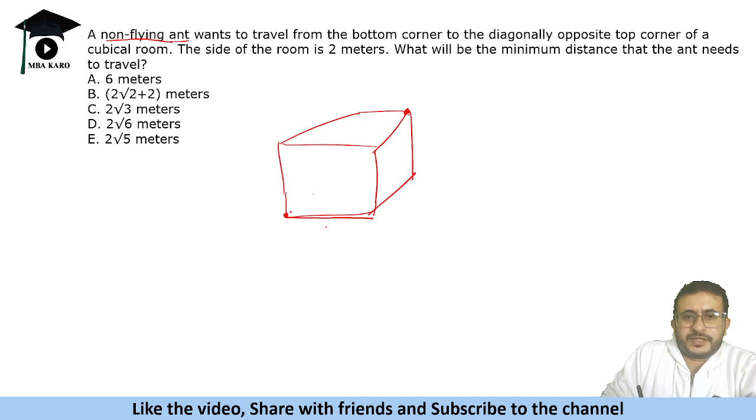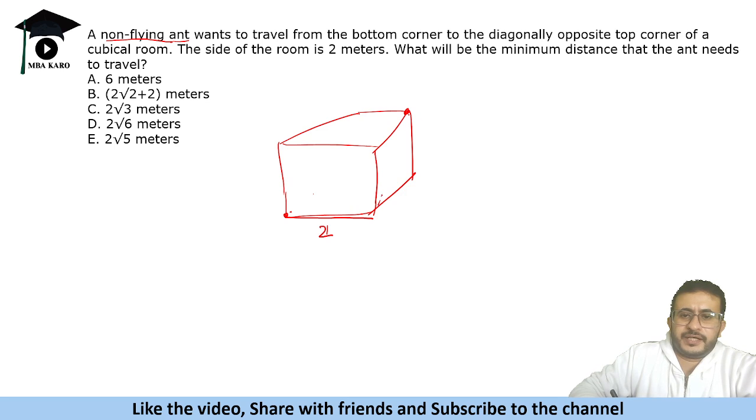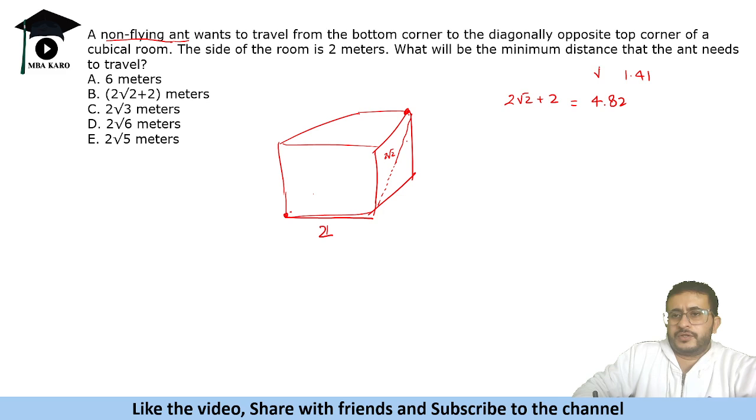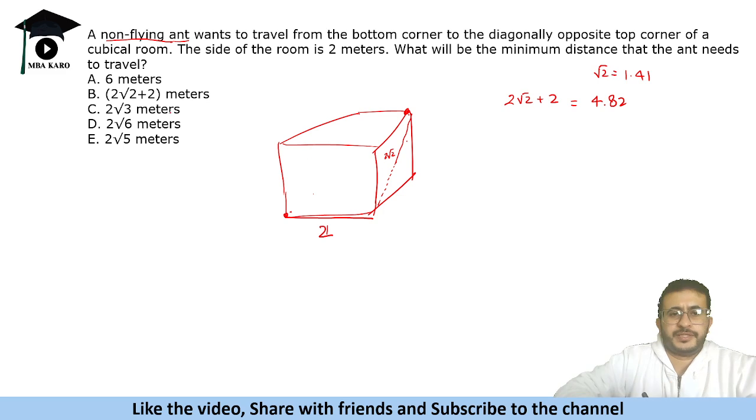Okay, they must have taken that this is 2, and they must have taken the diagonal like this, which is 2 root 2. So they must have got 2 root 2 plus 2, which is one of the options. And if you calculate the values, root 2 is 1.41, so it is 2.82 plus 2, 4.82. Okay, so this would have been the distance.